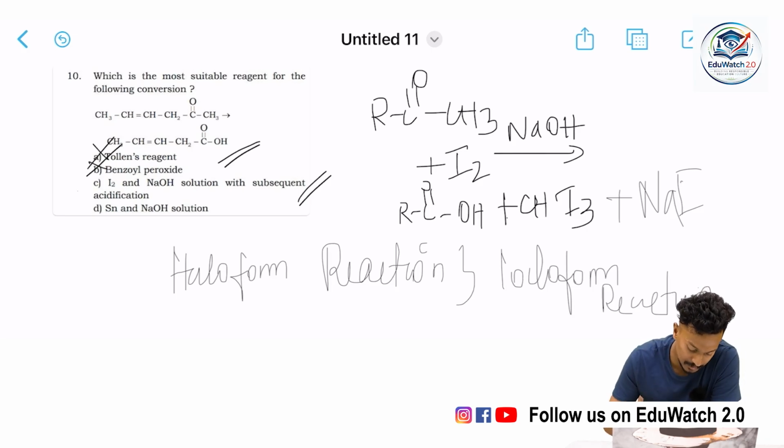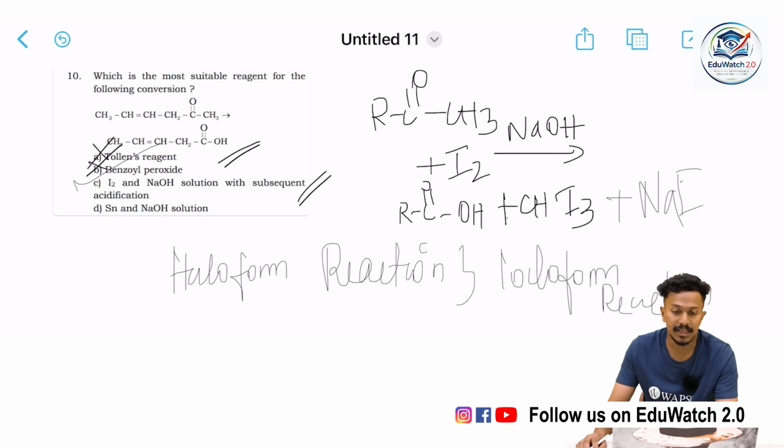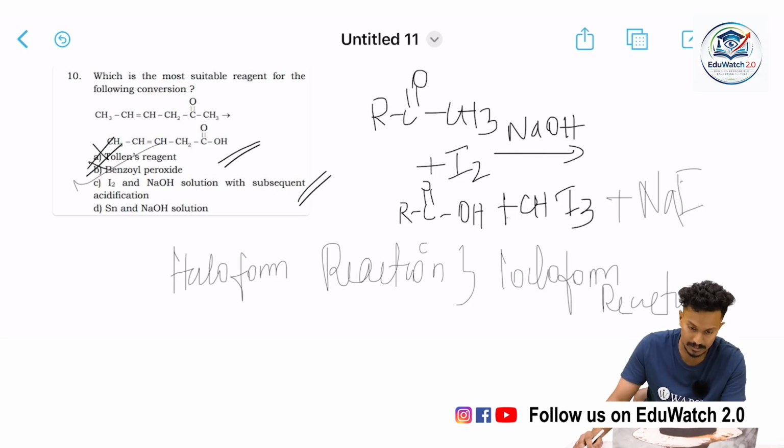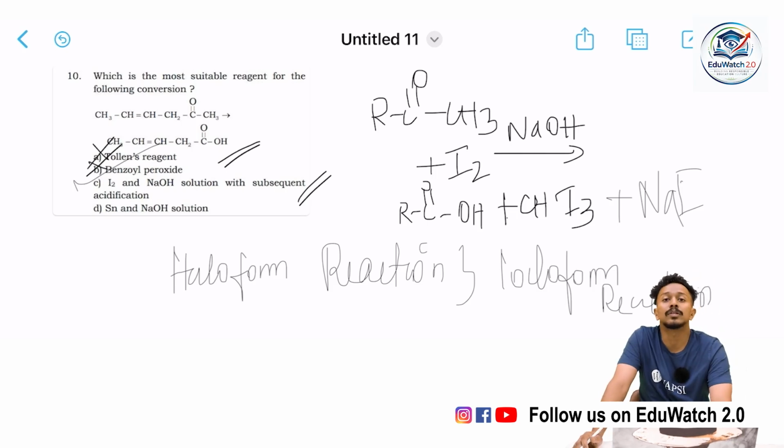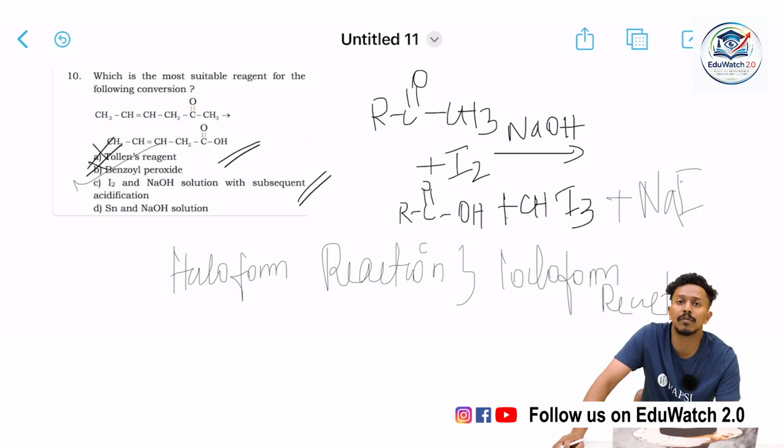So the correct option would be option C. Am I right? Yes, it's C. And we do not use tin and sodium hydroxide in any conversion of ketone to carboxylic acid. So for this question, the option would be C, iodine and an NaOH solution.